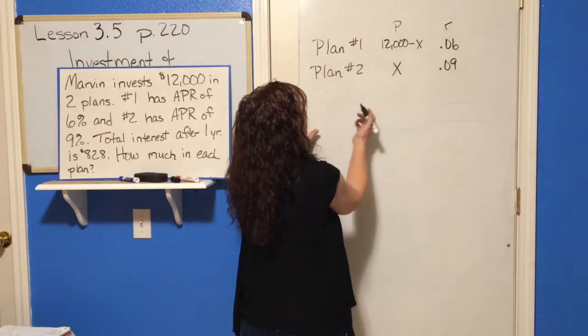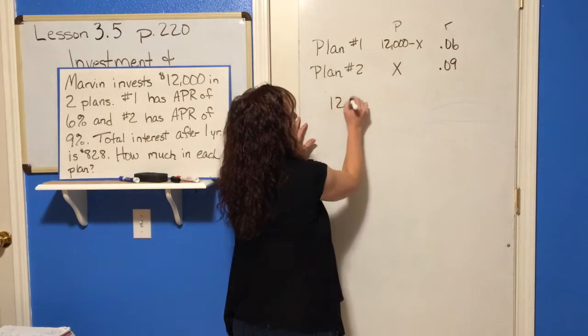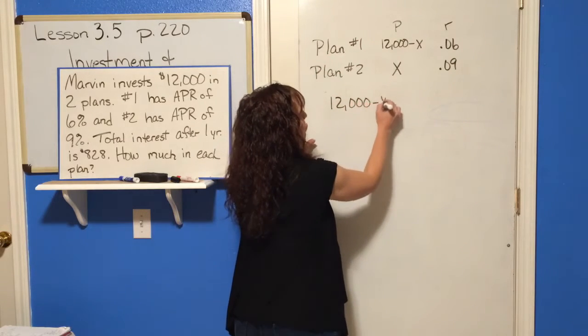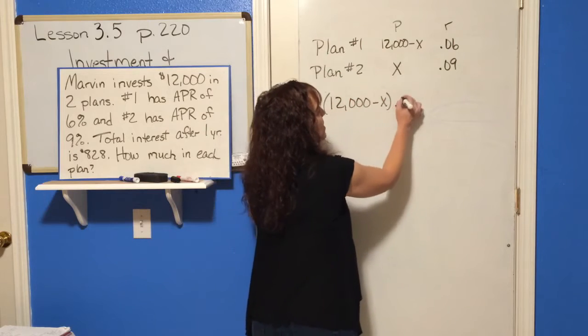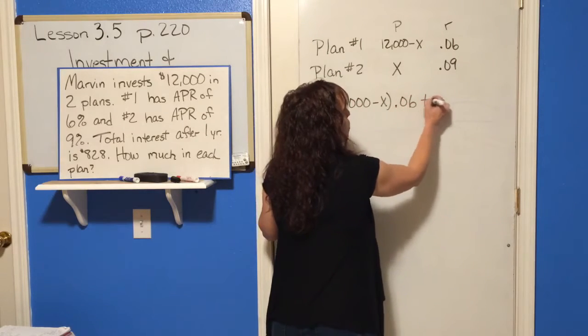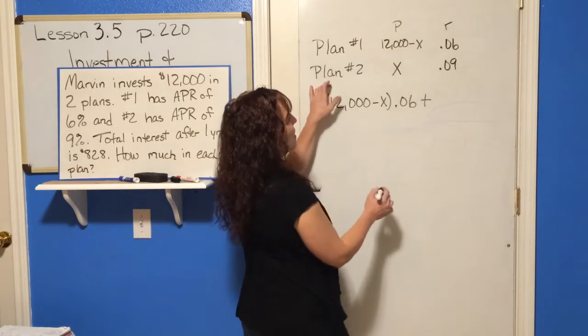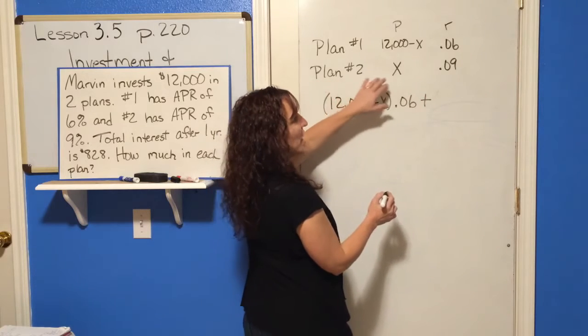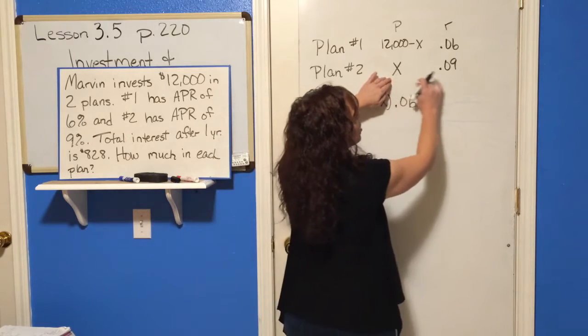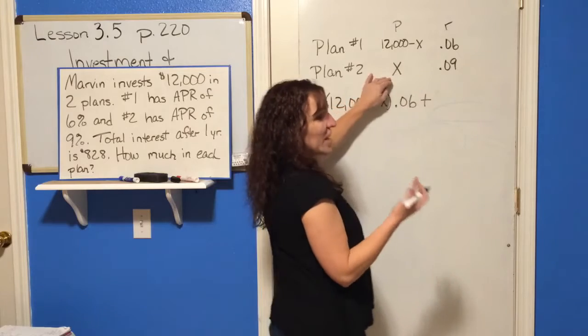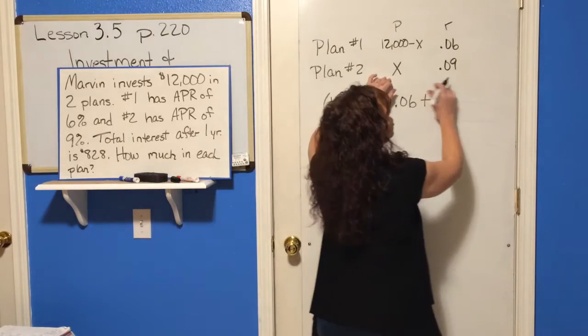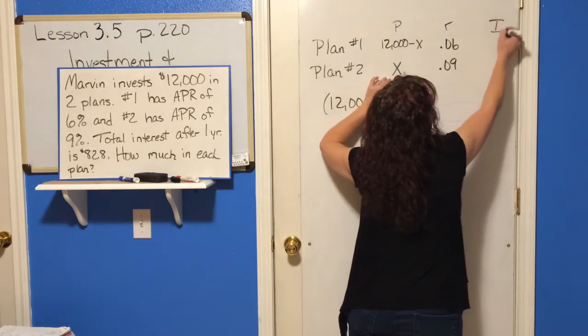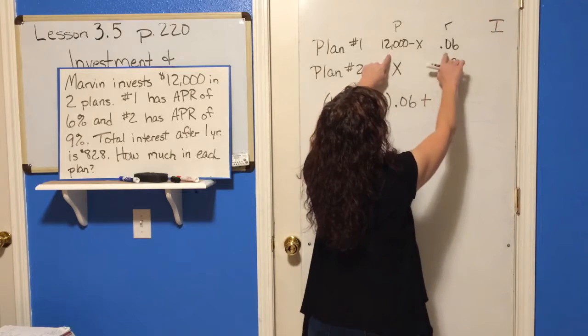So plan number 1 is 12,000 minus X, all times 0.06. And then we're going to add to that the interest for plan number 2, which is these 2 multiplied together. If it helps, put in your chart that your interest is going to be the principal times the rate.